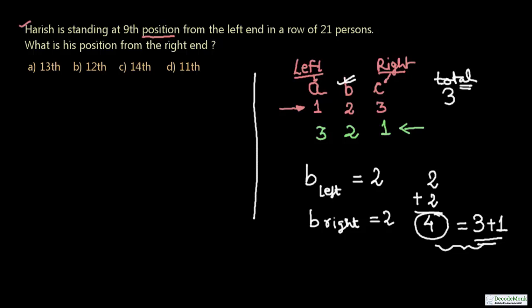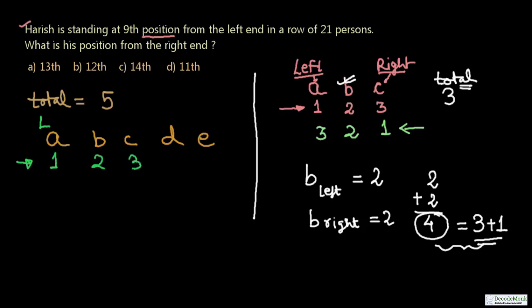Now let us take one more example. We are trying to figure out something through some examples. Please keep patience so that you will understand what I mean by my explanations. Suppose there are total 5 persons in a row: A, B, C, D, and E. Now from left hand side, the position of A is 1, B is 2, C is 3, D is 4, and E is 5.